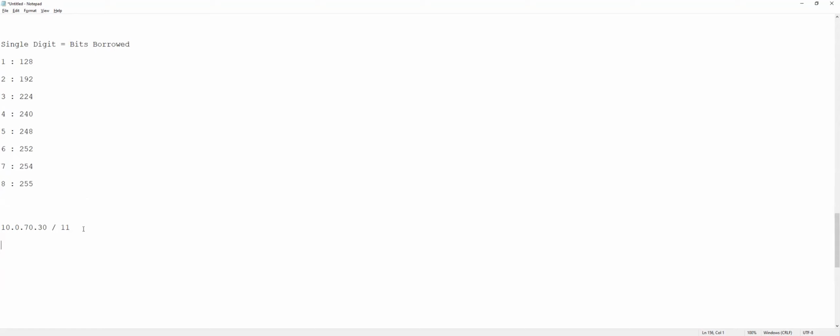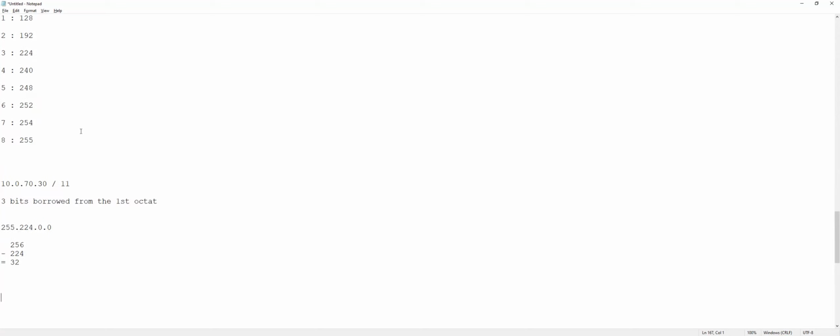So we simply look at this: 255.224.0.0. Cool, 3 bits borrowed. My technique is always this, as I mentioned: 256 minus 224. What is that? 32. Yeah, 32. There we go, we found the interval.